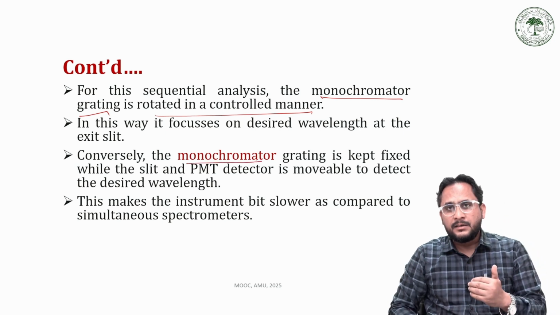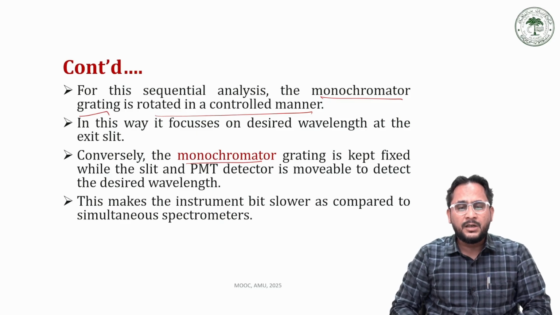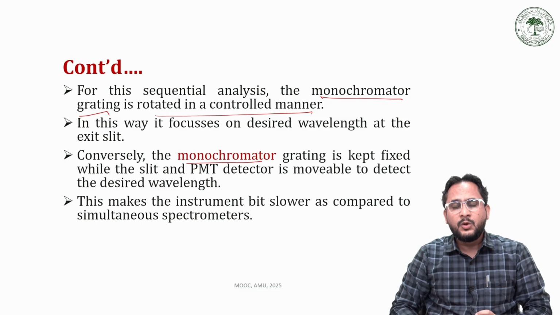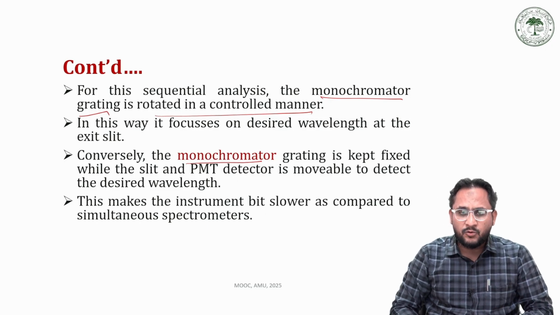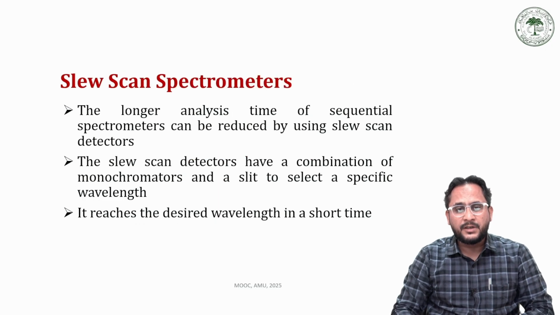And then in order to reduce the tedious protocol, as I said, slew scan spectrometers have been developed, which allow very easy and controlled movement of these monochromators so that we can perform the analysis even in a short period of time.